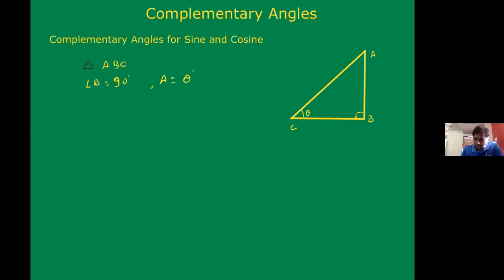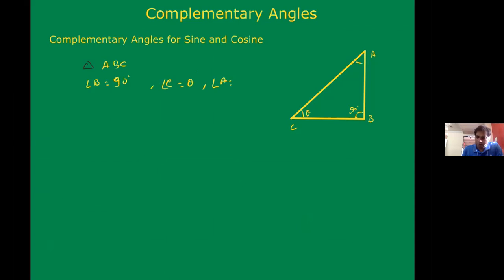Angle C I have taken as theta degrees. What will be angle A? The sum of the angles of ABC is 180 degrees. Angle B is already 90 degrees, angle C is theta degrees, so angle A will be 90 minus theta degrees.